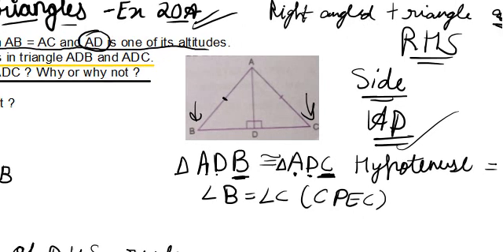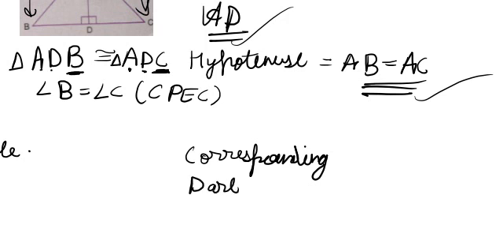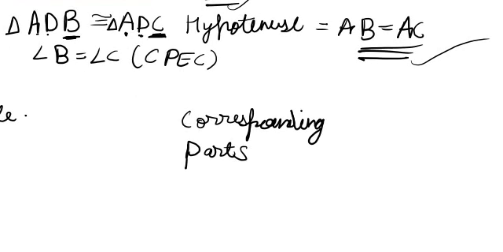CPCT stands for what? Corresponding, or you can even say congruent, corresponding parts of triangles are equal, right?